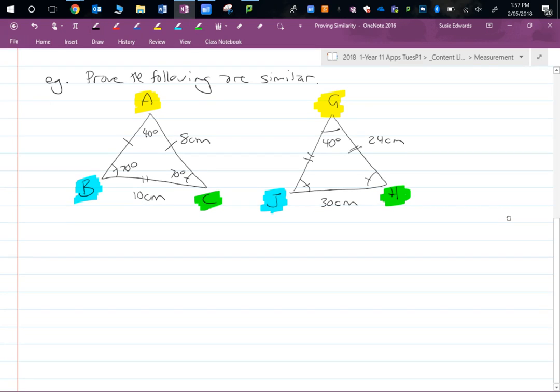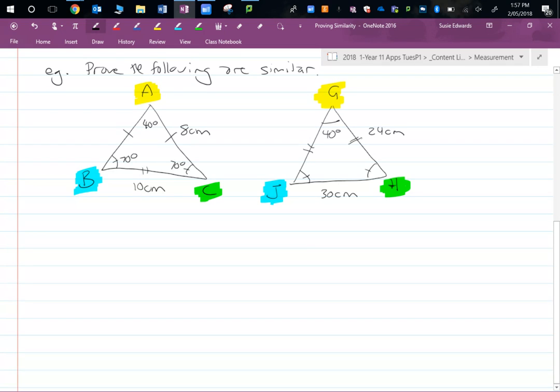Okay, so if I'm saying angle A, the angle sign is just like a little slanty L. Angle A, which one's corresponding to A? G. So to prove it, I say angle A is equal to angle G. But I have to prove every single one is the same, so I go angle B is equal to angle J.